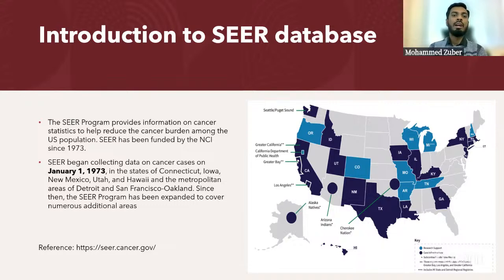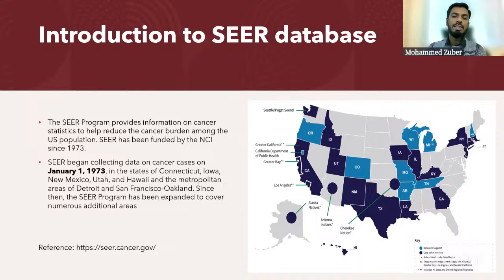But today we are going to talk about the SEER dataset. The SEER program is funded by the National Cancer Institute. It started in 1973. It collects cancer data to help reduce the cancer burden in the United States.